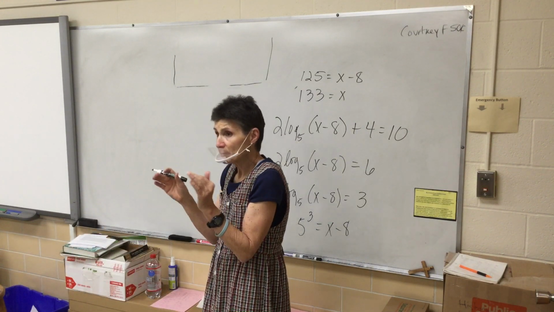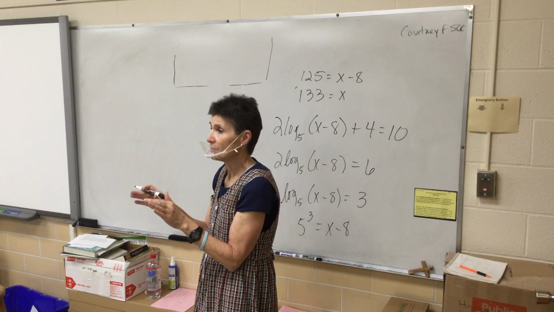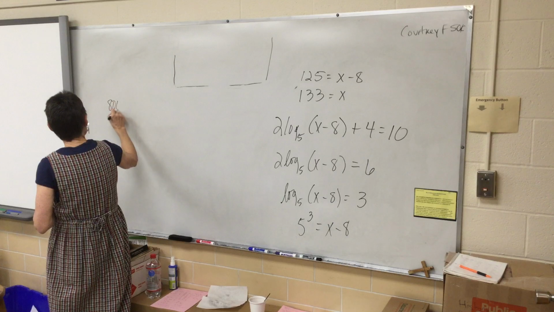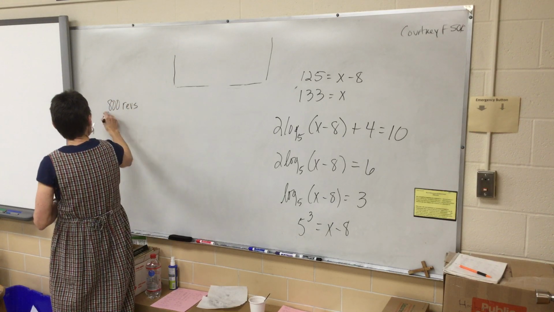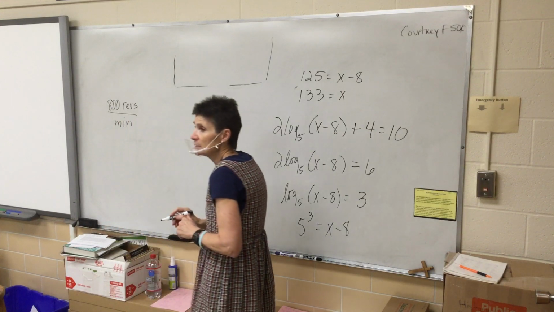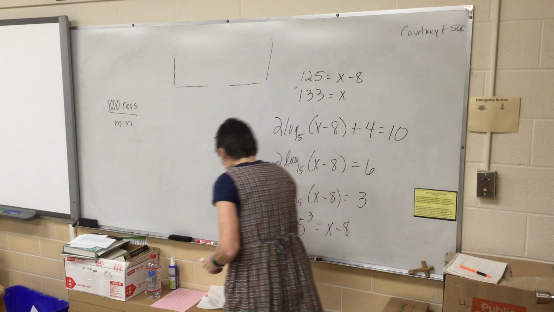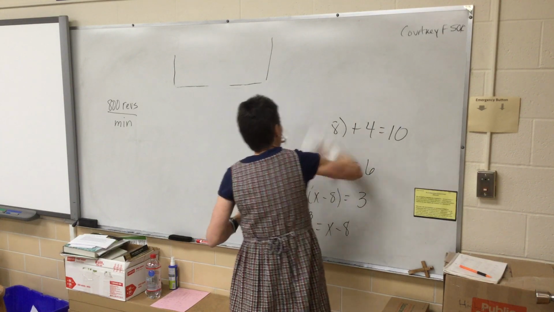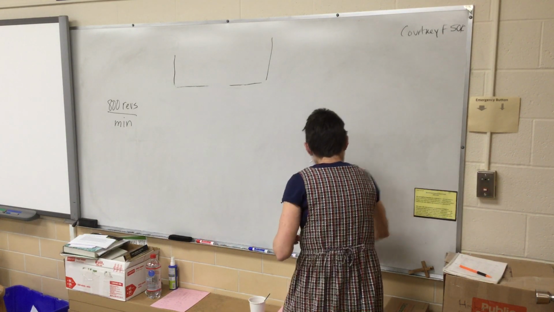Now, I am going to start with the idea of I have 800 revolutions per minute. And I know that I eventually have to end up with miles per hour.